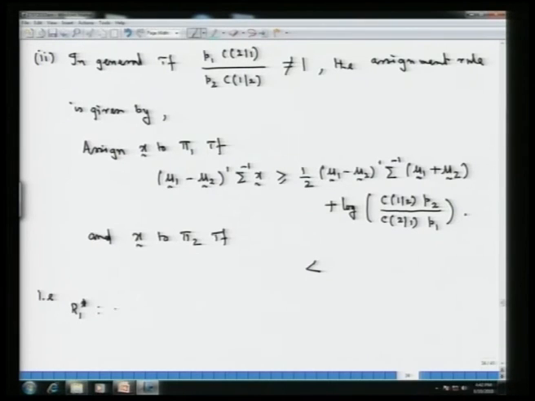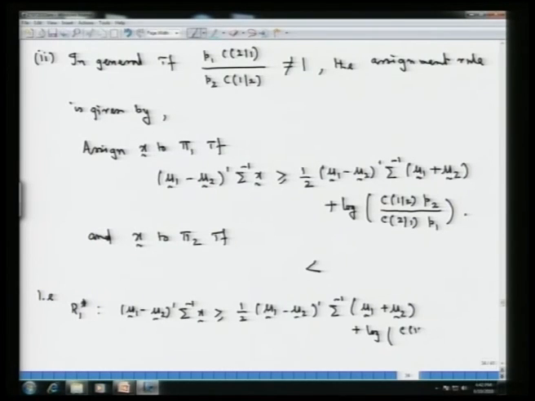So, this region is the set of all x's for which (mu 1 minus mu 2) prime sigma inverse x is greater than or equal to half times (mu 1 minus mu 2) prime sigma inverse (mu 1 plus mu 2) plus log of C(1 given 2) times P2 divided by C(2 given 1) times P1.